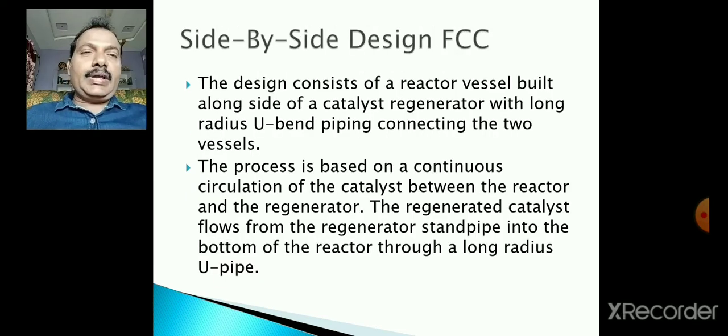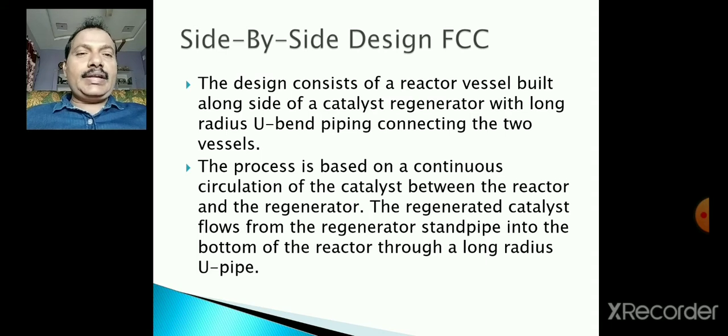So now we will consider the side by side design FCC. In this, the design consists of a reactor vessel built alongside a catalyst regenerator with long radius U bend piping connecting the two vessels, that is the reactor chamber and the catalytic regenerator chambers.